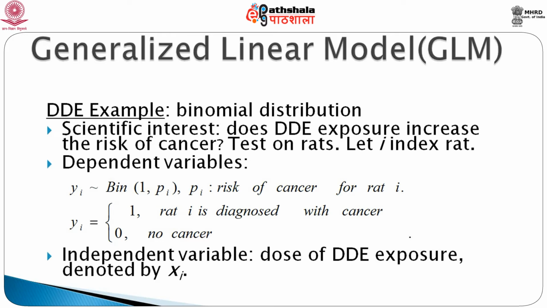Let j index rat, dependent variable yi is binary with parameter pi, and pi is the risk of cancer for rat i. yi takes the value 1 when rat i is diagnosed with cancer or maybe tumor, and 0 otherwise. The independent variable is the dose of DDE exposure, which is denoted by xj.